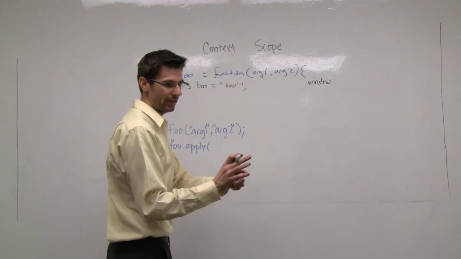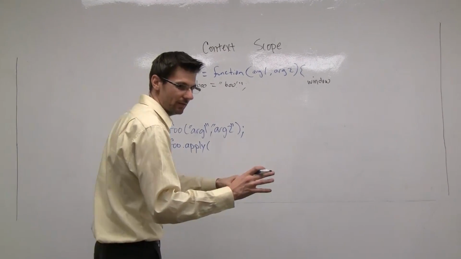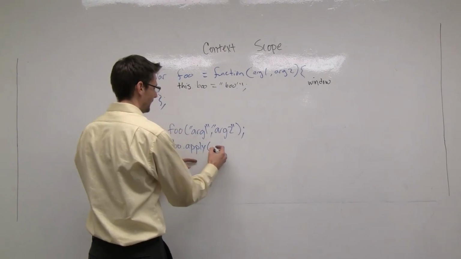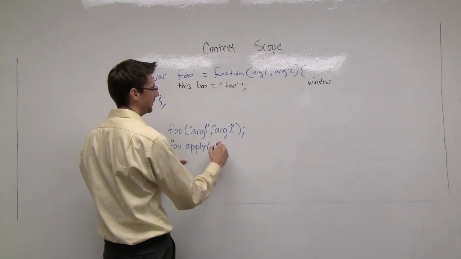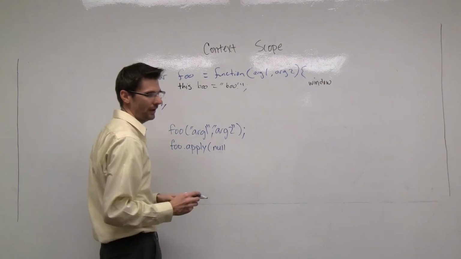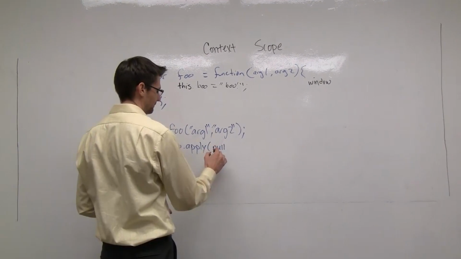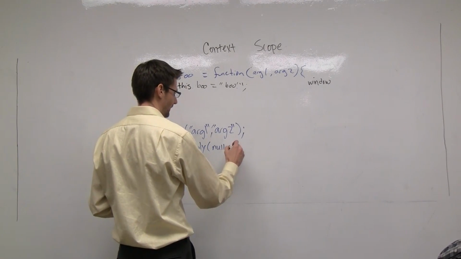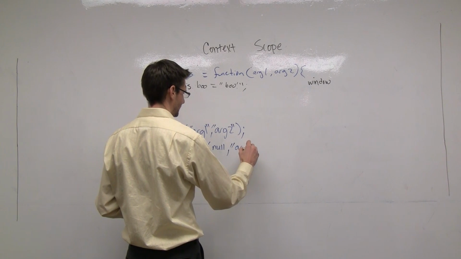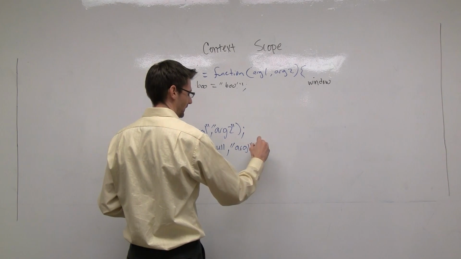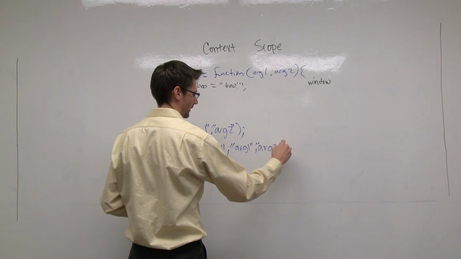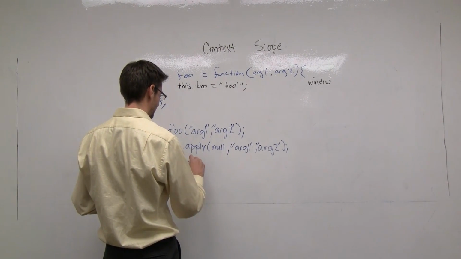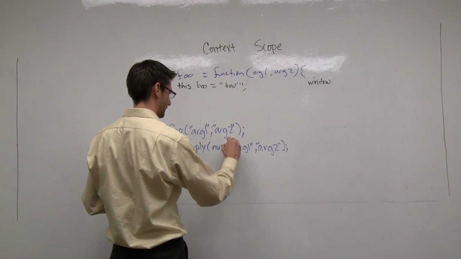Now that we know that everything has at least the context tied to the window, or the global object, when you use apply and supply null as the first argument, that will by default put window as the context. So that would be the same as doing this. If we did foo.apply again, whoops, I did that wrong.